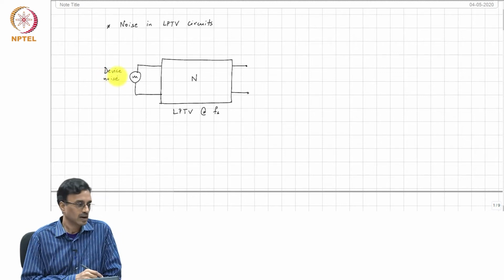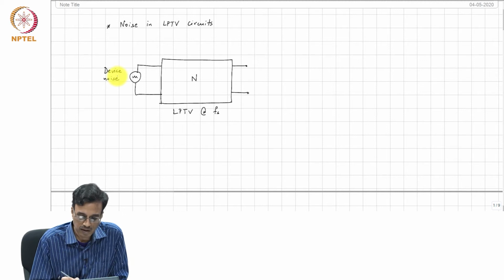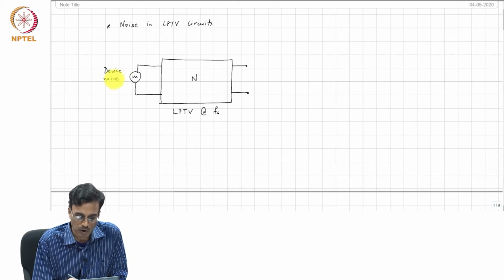These noise sources can be modeled by some noise spectral density. If this is a resistor, for example, the two-sided spectral density is 2 kTr volt square per hertz.